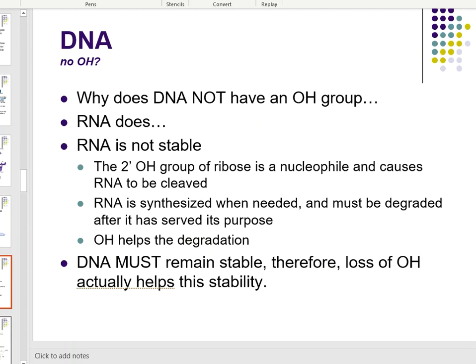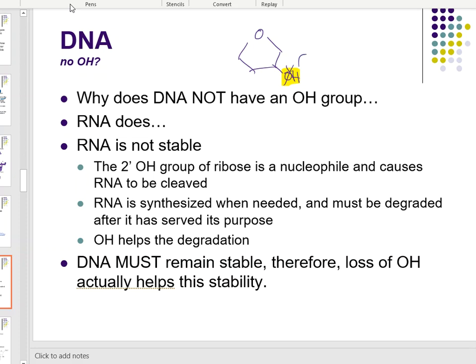Other things about DNA: DNA does not have an OH group on the ribose ring, and RNA does. I keep saying that this is basically due to stability. DNA needs to be more stable. So on this ribose ring, as we start building DNA, DNA has made the decision over the course of time to get rid of that OH and not have it present.